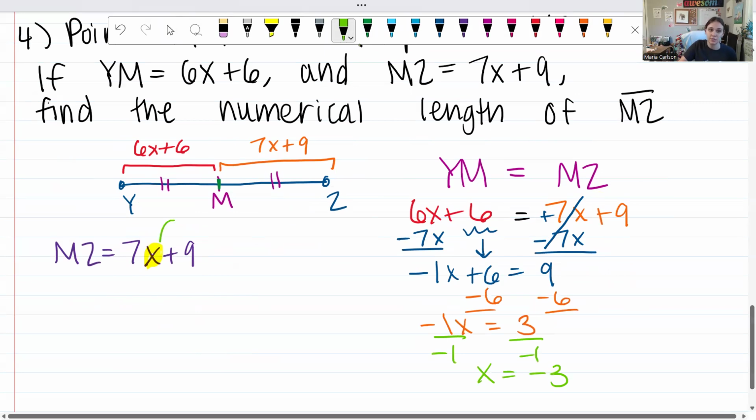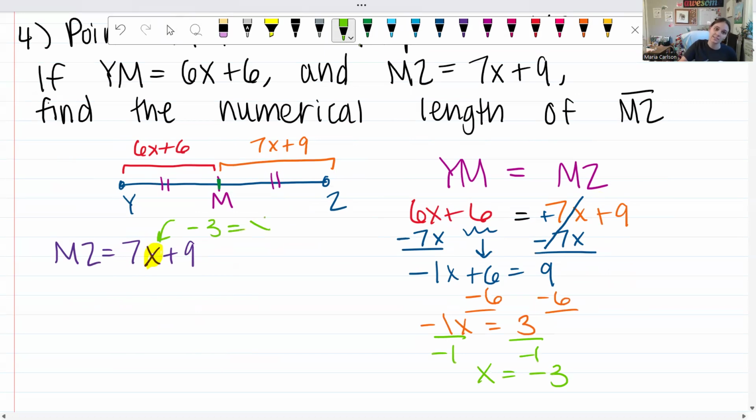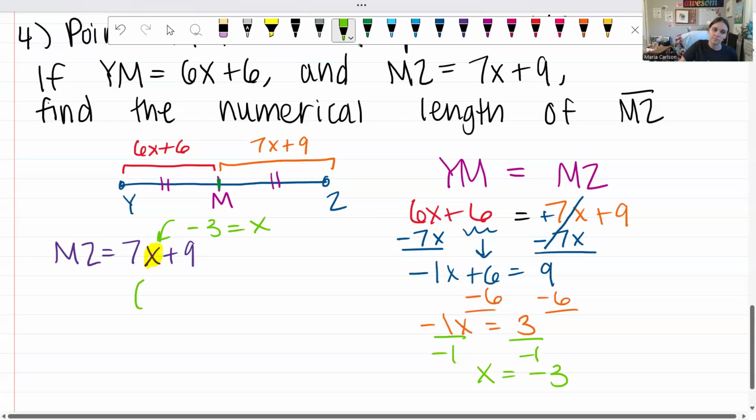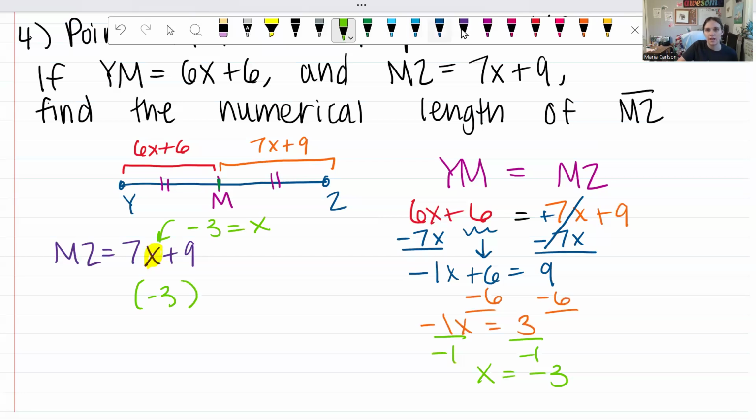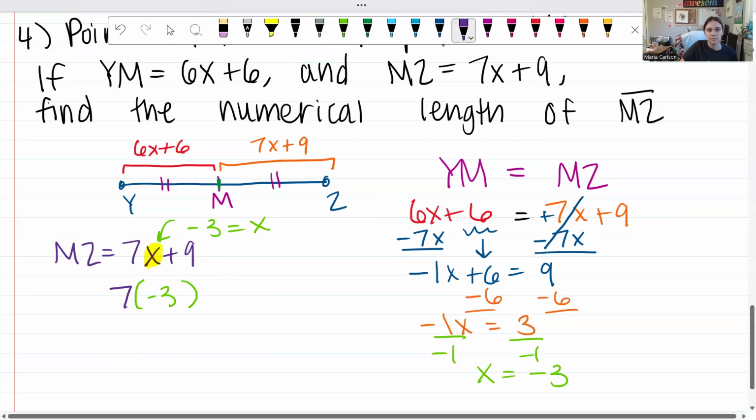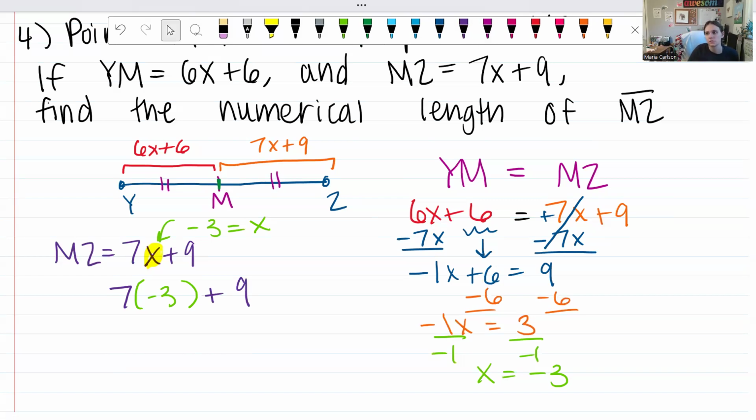And if I substitute in negative 3 for x, I have 7 times negative 3 plus 9. 7 times negative 3. Uh-oh, I messed up somewhere. Where did I mess up? This shouldn't be a negative number.